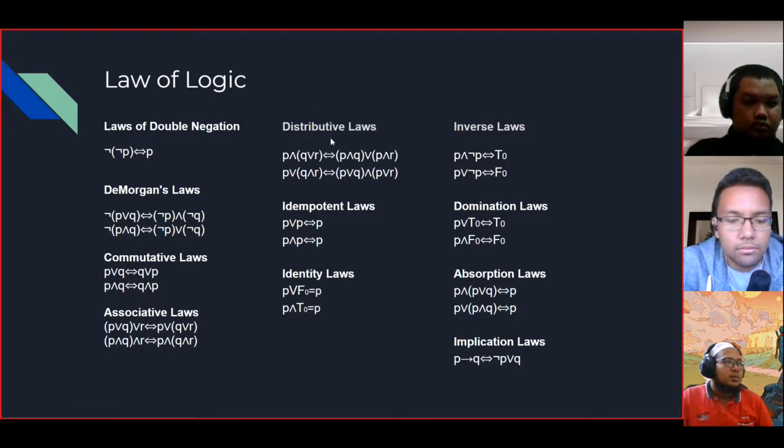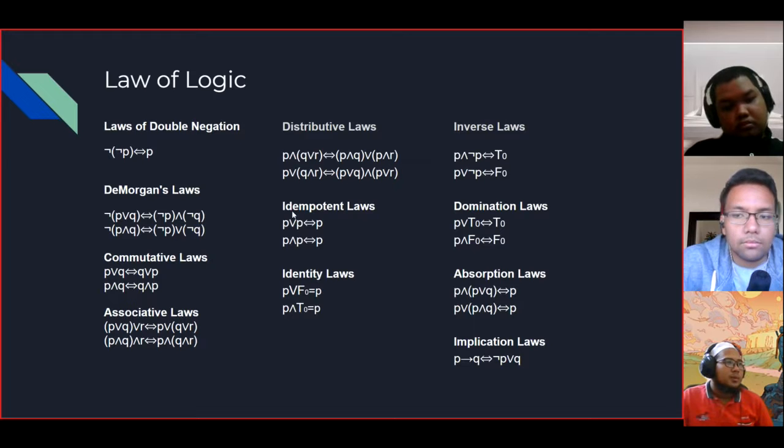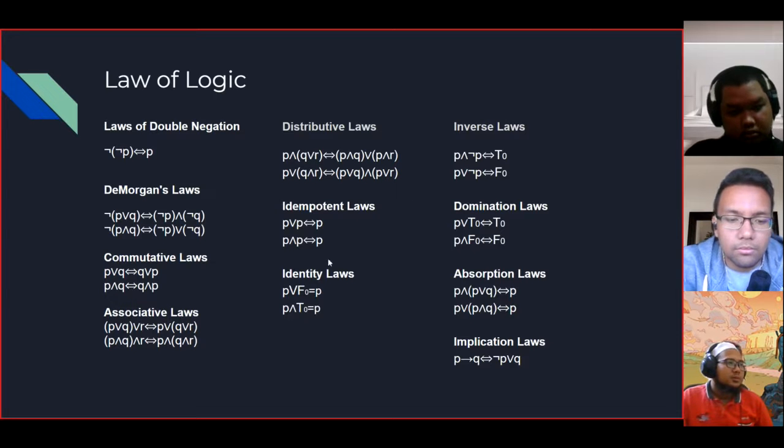The law of number 5 is the distributive law. This one. And number 6 is idempotent law. Same to the P. And number 7 is identity law.